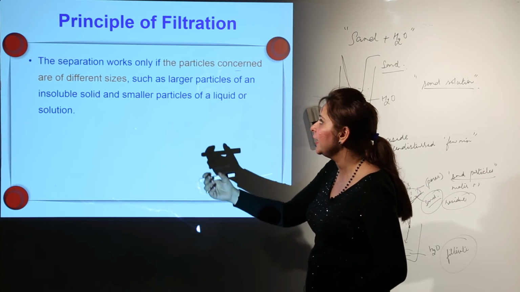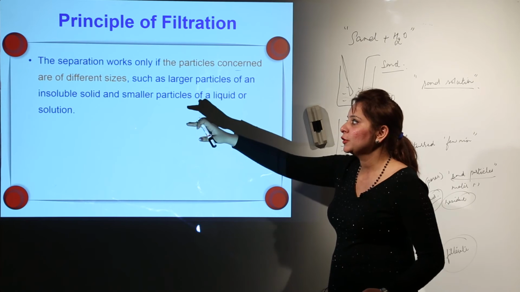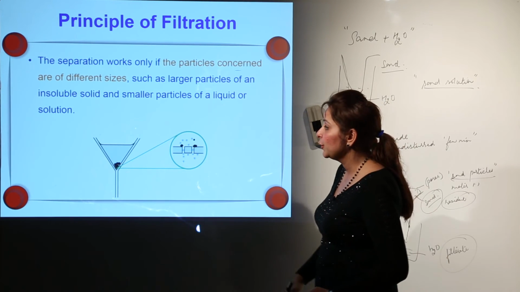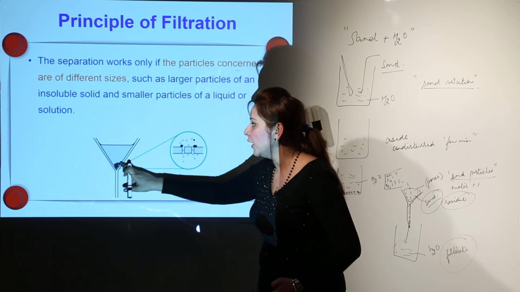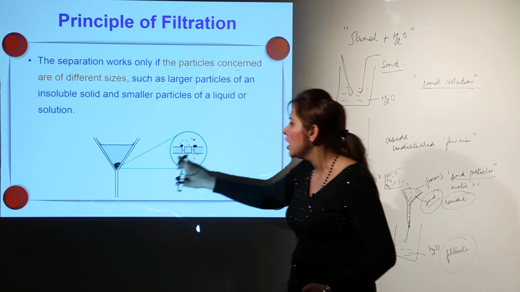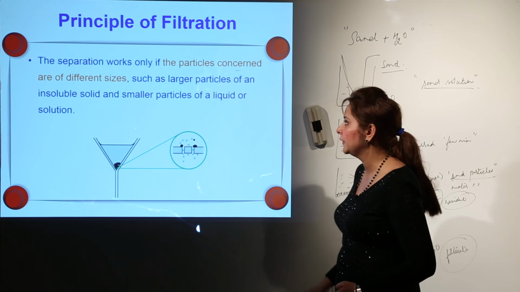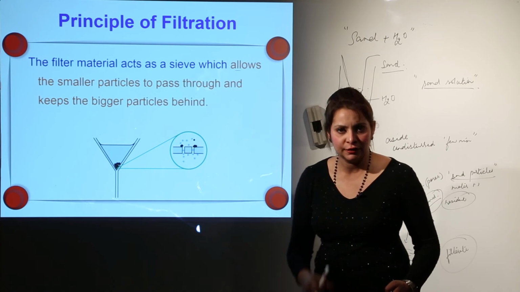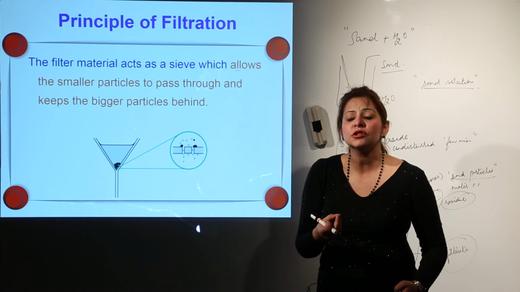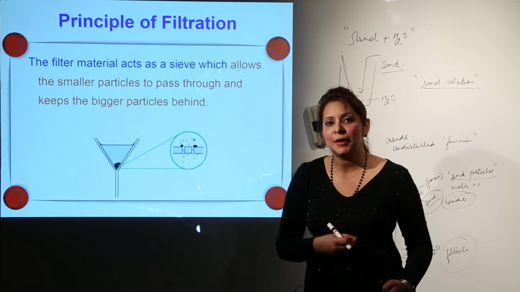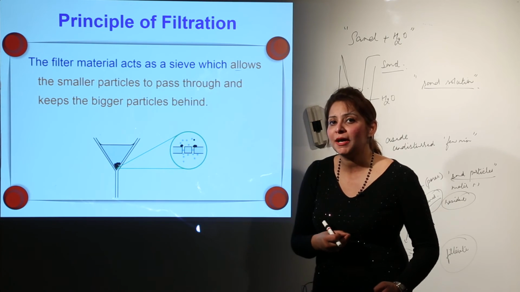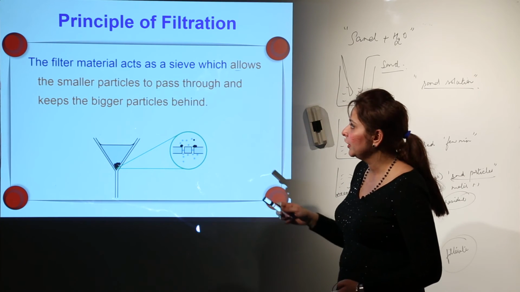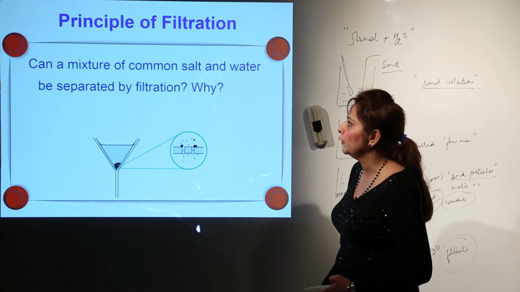In this case the larger particles of the insoluble solid and the smaller particles of the liquid were present in the solution, and the bigger ones get stopped by the pores of the filter paper and the smaller ones pass through it, right? So that means this filter paper acts as a sieve. It has pores, so it allows some particles to pass through, but not the larger ones.